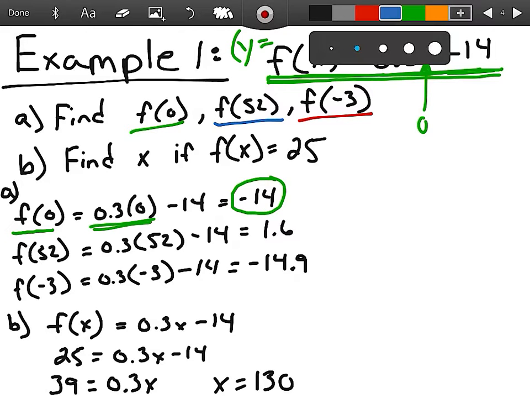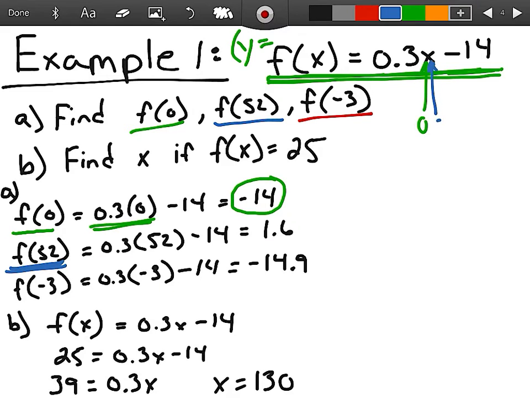So what does f of 52 look like? Well, f of 52 means you put in a 52 here at the x point. We're putting in a 52 where x is. So it's 0.3 times 52, again, minus 14, and that's going to give you 1.6.